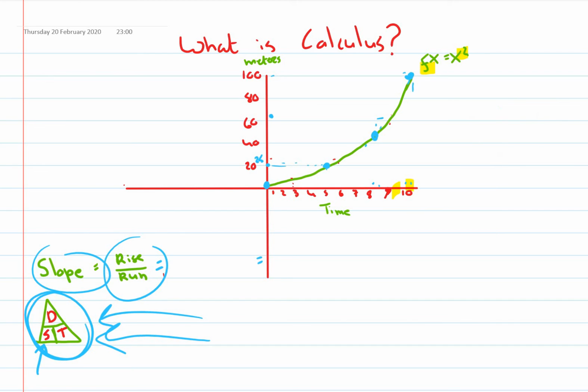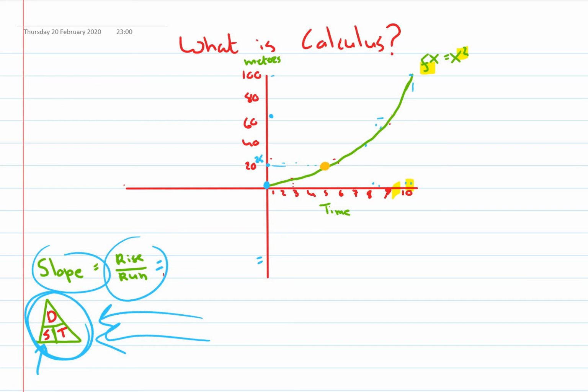But that's giving me average speed. That's giving me average speed between so many seconds, between the second of the race and the 10th second of the race, or the last 2 seconds of the race. What if I didn't want to find the average speed of Usain Bolt over 2 seconds or over the last 5 seconds of the race, but I wanted to find his speed at an exact point?